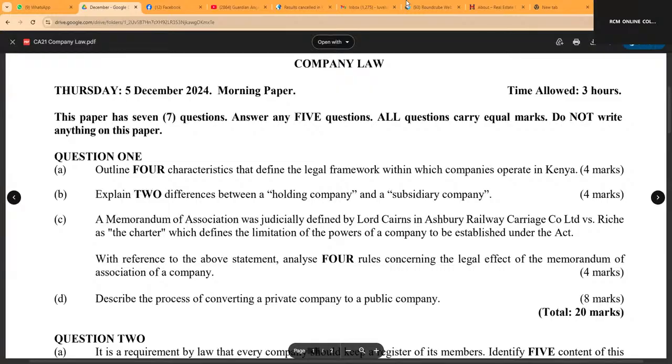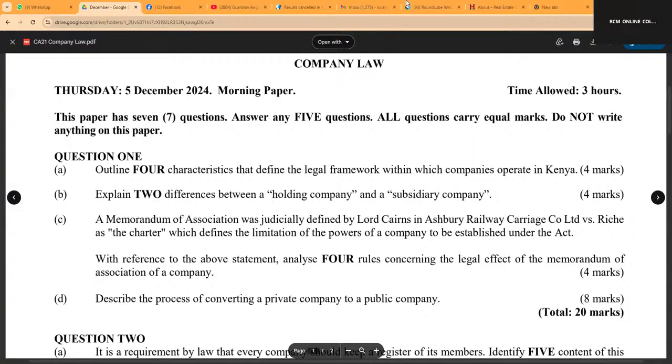The subsidiary company will be able to prepare independent books. Before they consolidate, they first have to prepare what? Independent books. Then they can consolidate and put them together, and this will be undertaken by the parent company. So that's also a difference you can mention.